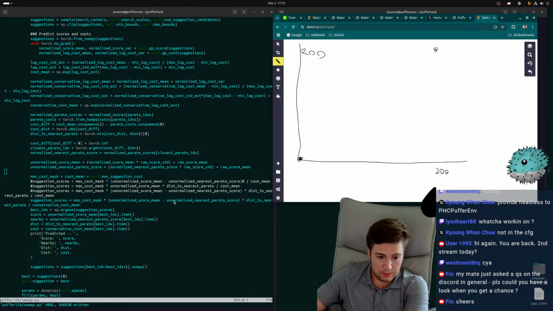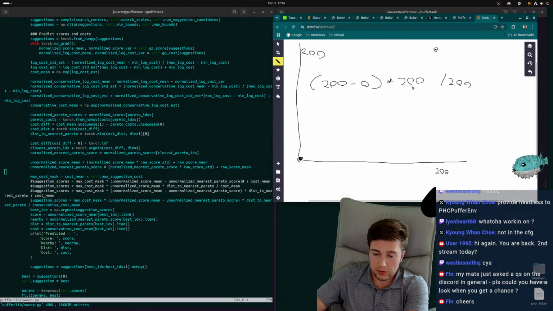Then this formula, unnormalized formula, this prediction, nearest Pareto. So this is 200 minus 0 times 200 divided by 200.